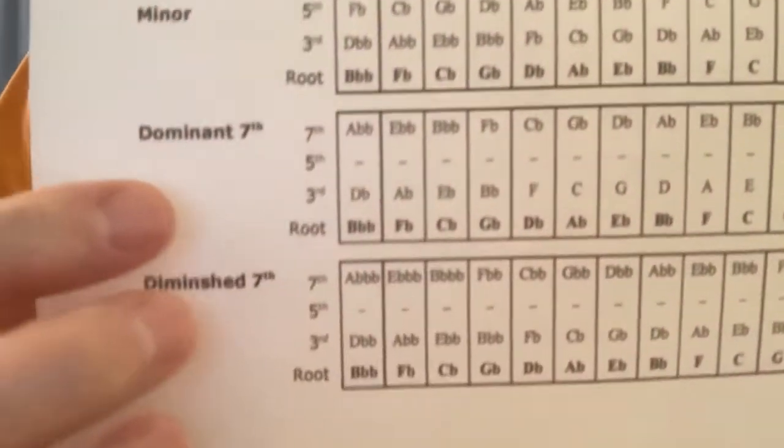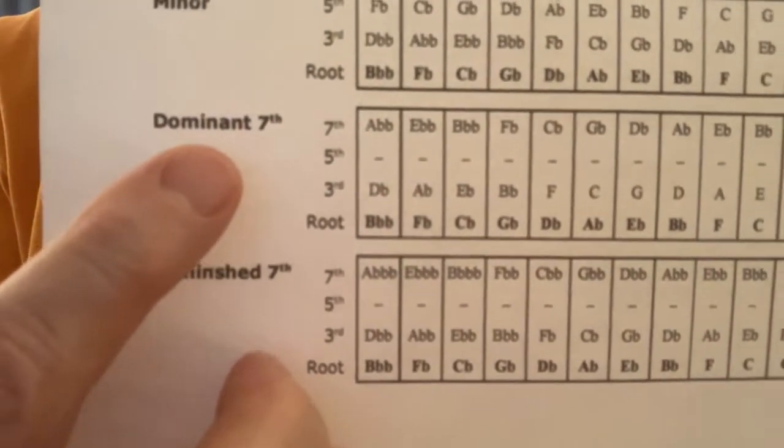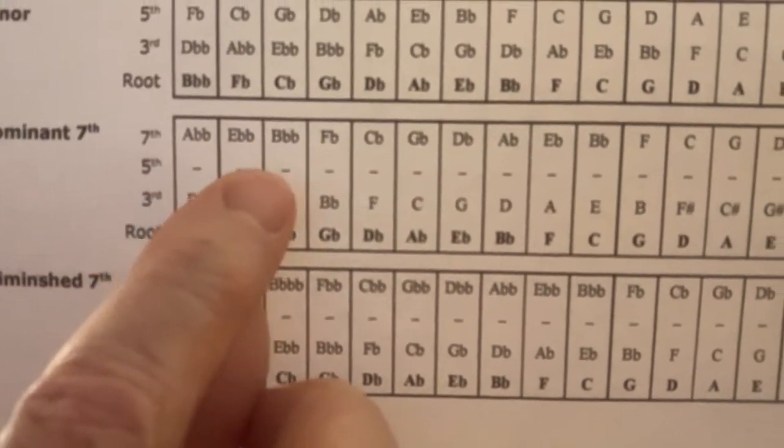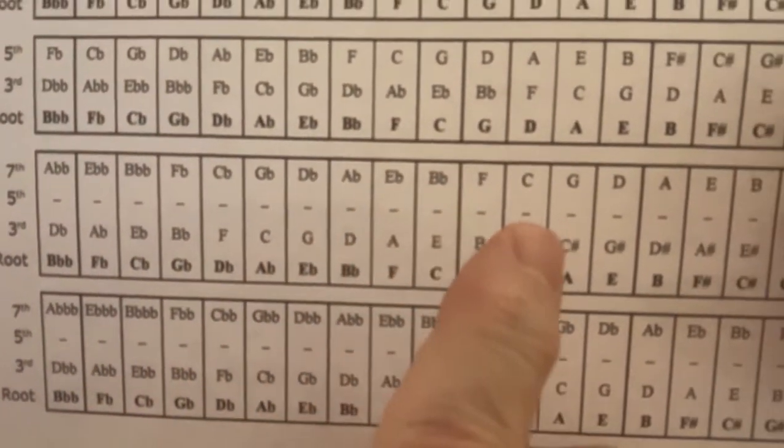Now, another feature. Number 4, the fact that tones are missing in the dominant 7th and diminished 7th chords is clearly indicated. So you see down here for my dominant 7th row, for example, you see there's an N dash, and that lets you know that that tone is missing.